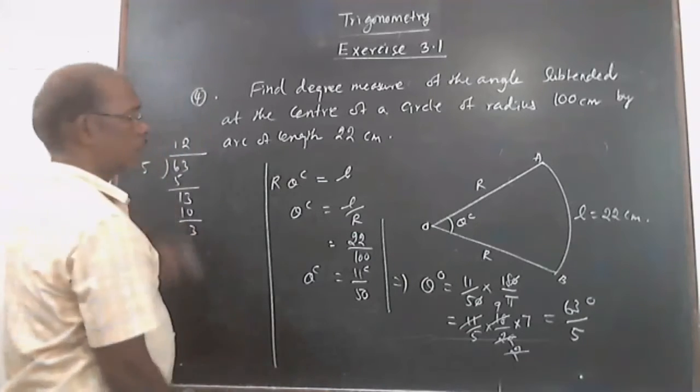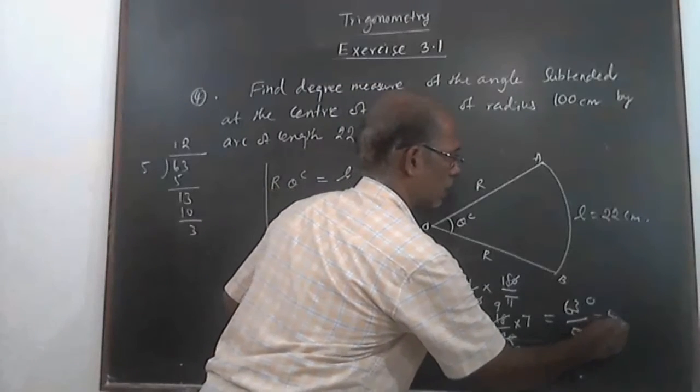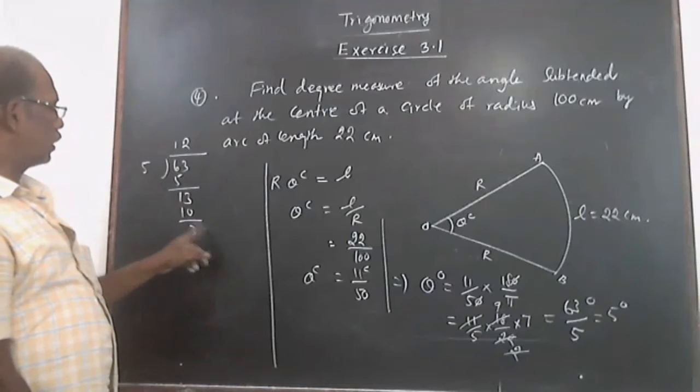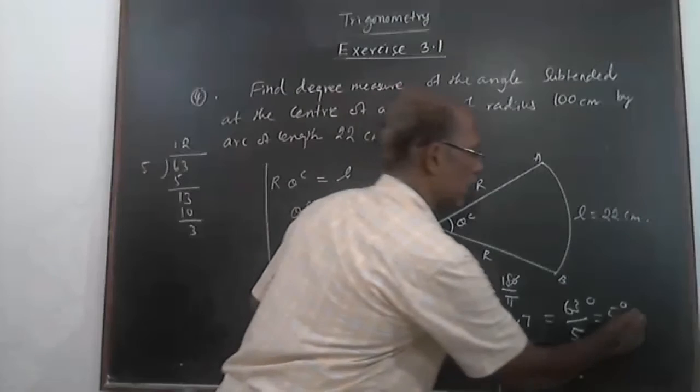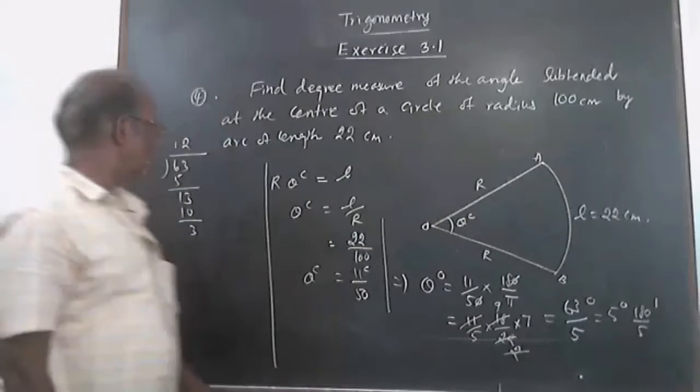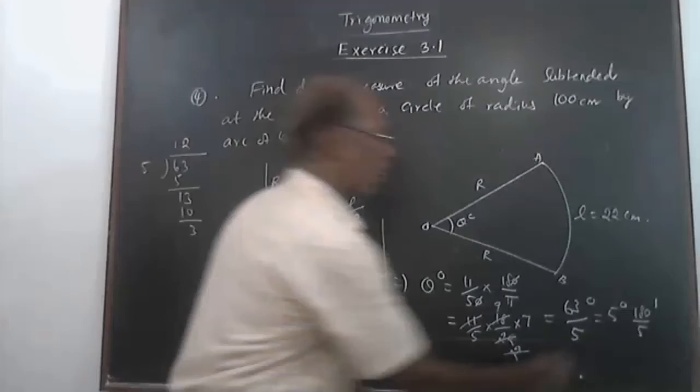Then how to write 5 degree and 3 by 5? 3 into 60, 180 by 5 minutes.